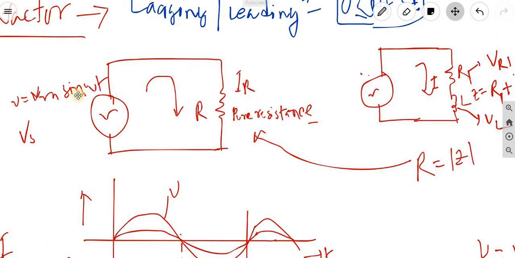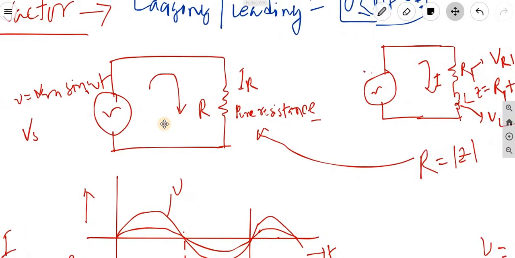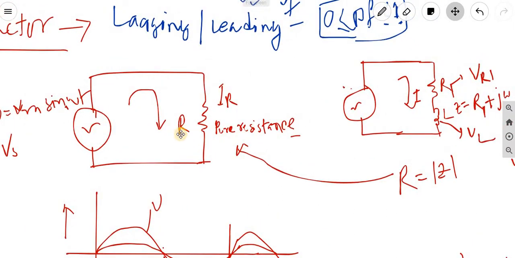Now see, the first simple network has the source Vm sin omega t, connected to a purely resistive load. The second circuit has the same source; this one is first, this one is second.